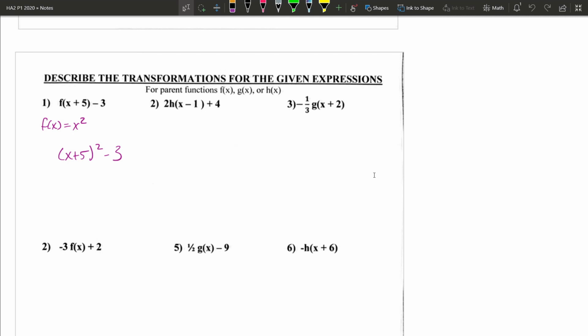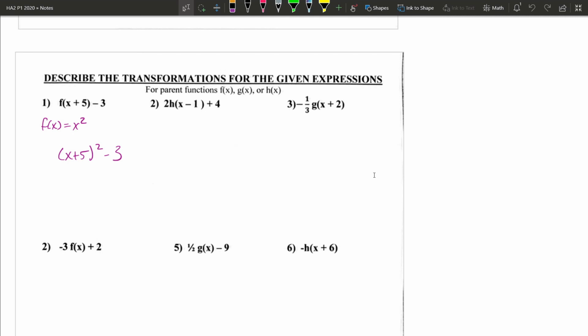Let's think about number 3 here. Our a is negative 1/3, so that's going to be a vertical compression, and it's going to flip it over the x-axis. And the plus 2 with the x means it gets shifted left 2. For number 4, our a is negative 3, so that's going to stretch it by 3 and flip it. We don't have anything with the x, so there's no horizontal shift.